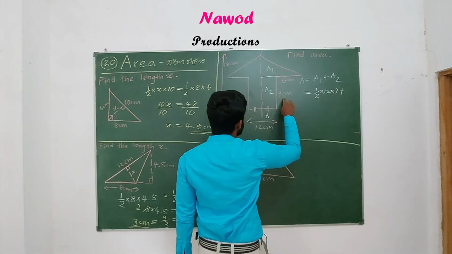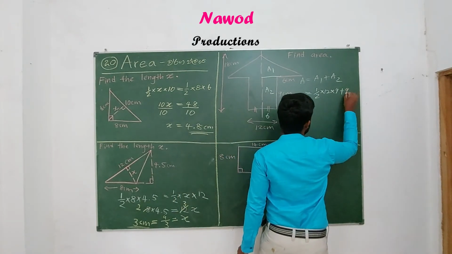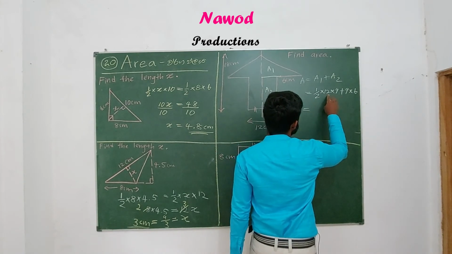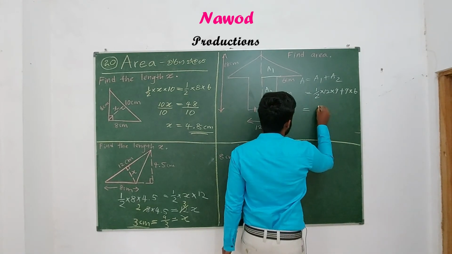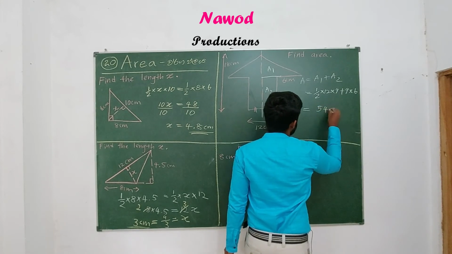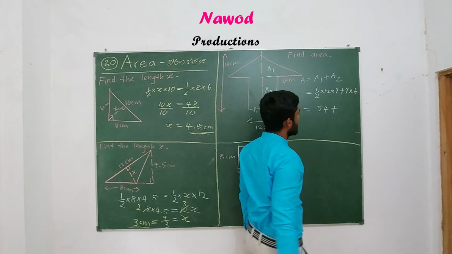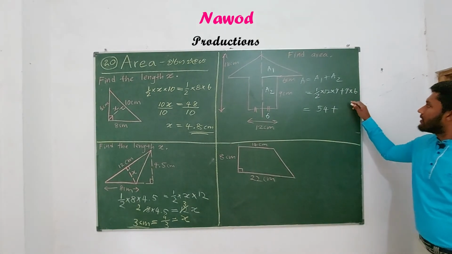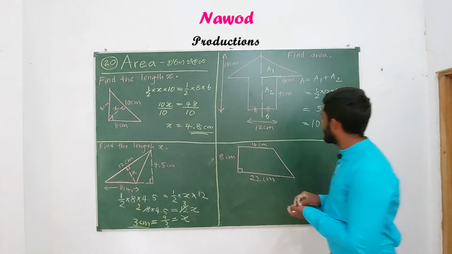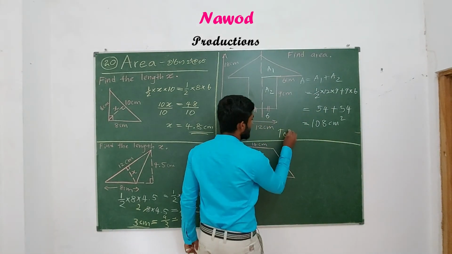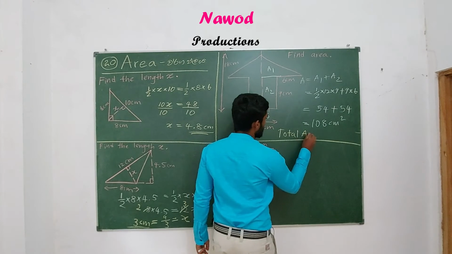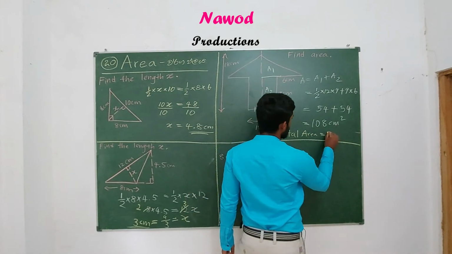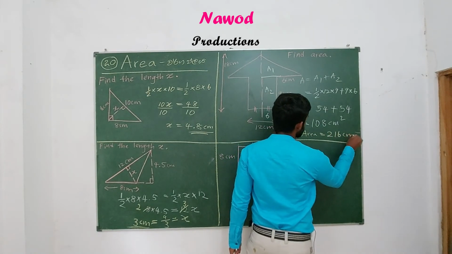Plus A2, 9 into 6. 2 and 12 are cut. 6 into 9, 54. Then the total area equal 108 into 2, 216 centimeters squared.